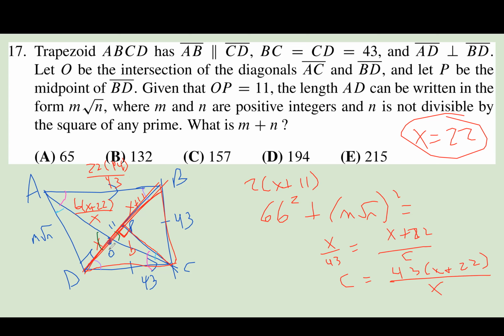Yeah, I think I made a mistake. So by plugging in 22, you get 43 times 44 over 22, which reduces, so that should be 86. So c is 86. This distance here is actually 86. I think I just made a mistake before.